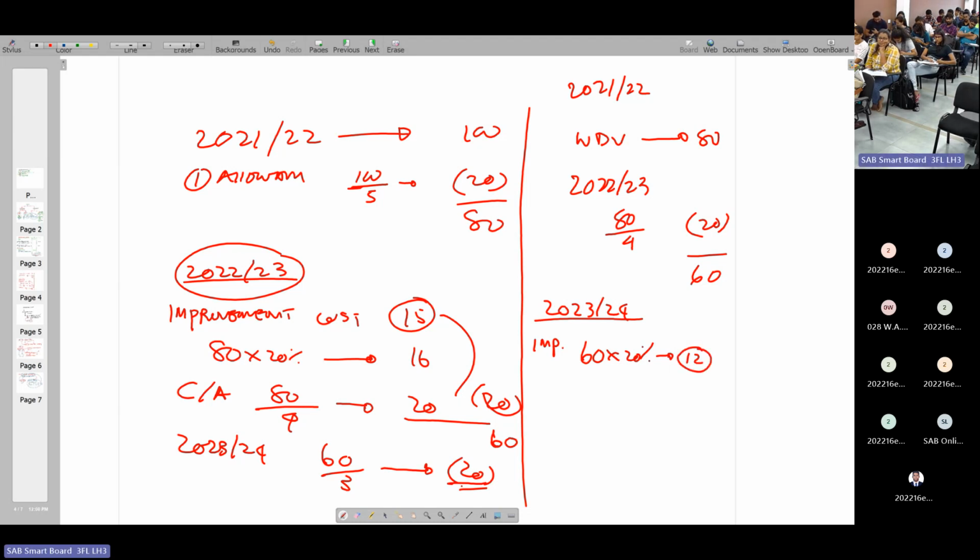Up to 12 million he can claim. But here, how much is the actual cost? 15 million. So that's the restriction. He can claim up to 12 million, but the actual improvement cost is 15 million. The excess needs to be added to this one.